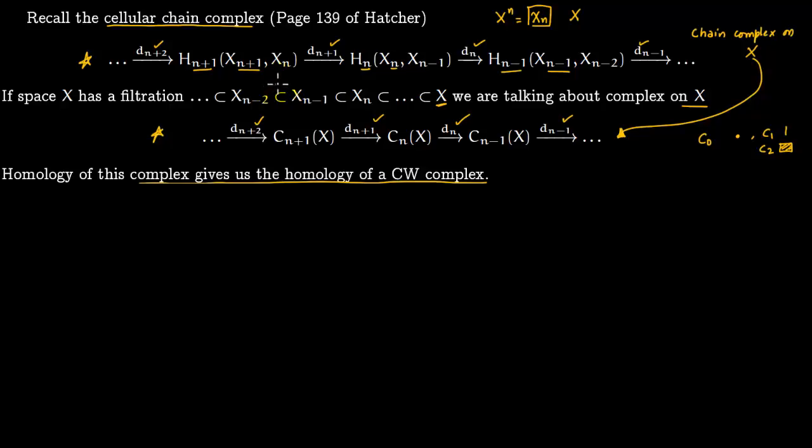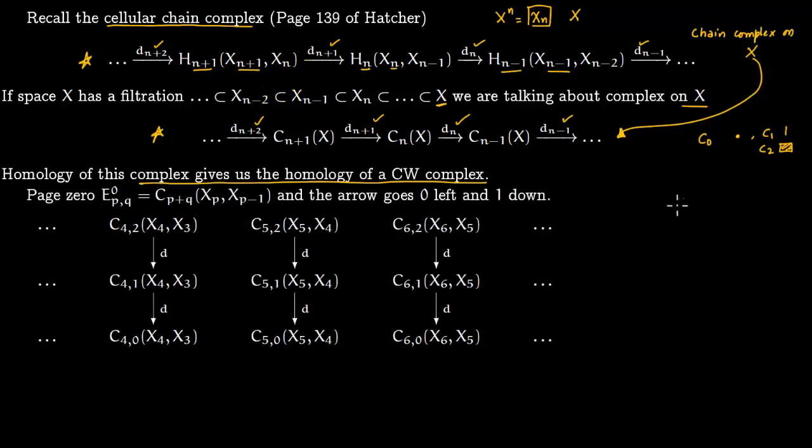So let us start with page 0. First notice our rule for spectral sequences is that the arrow goes r left and r minus 1 up. For page 0, r is 0, so you get 0 and minus 1. 0 is for the column, this is for the row.